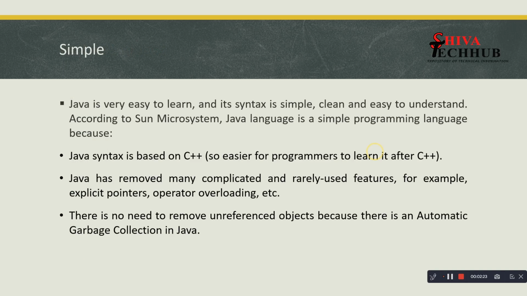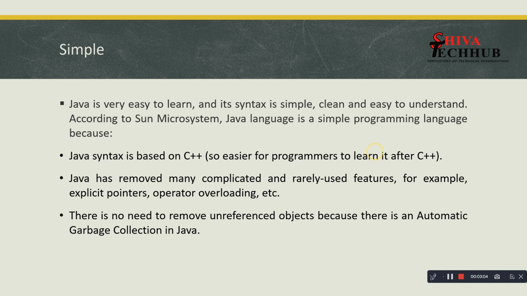Let us try to understand why Java is called a simple programming language. The first basic thing is that it is very easy to learn. The syntax of Java is simple, clean and easy to understand. It is also based on C++, which is also an object-oriented programming language, but Java removed some complicated features and made them easy to write. Also, there is no need to remove unreferenced objects manually.